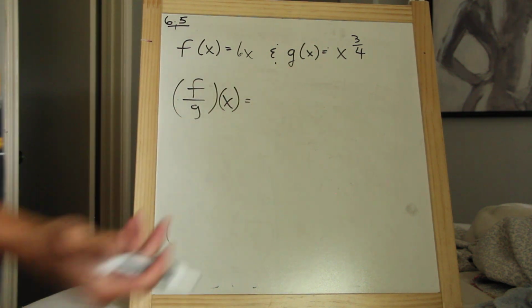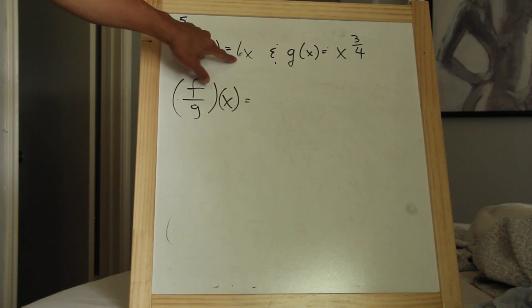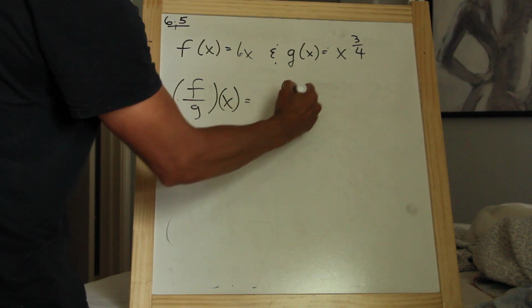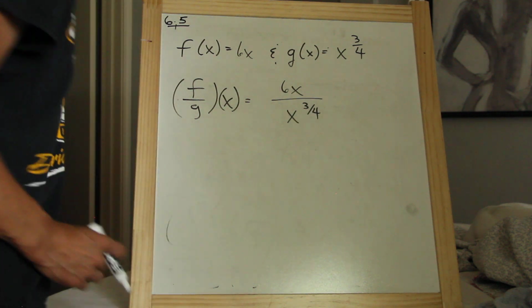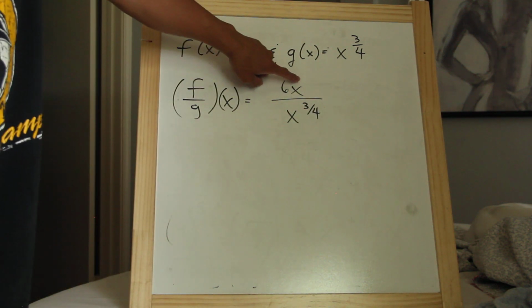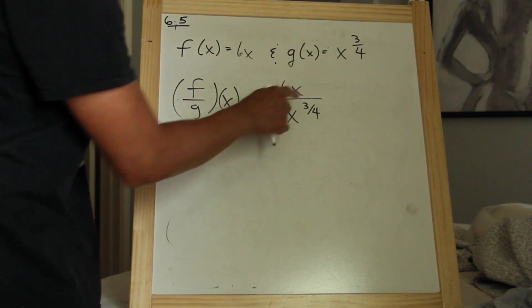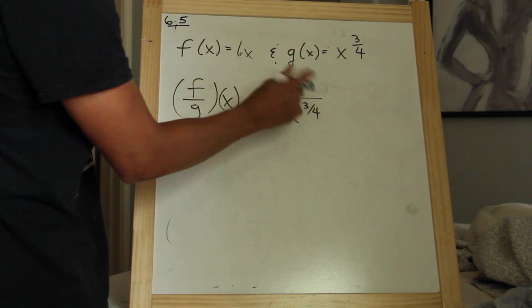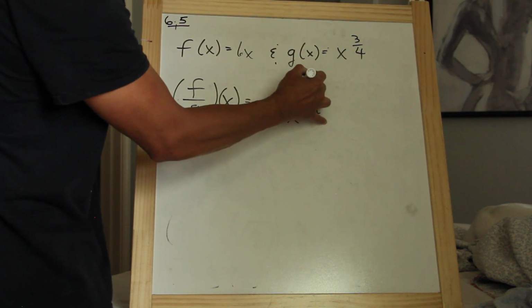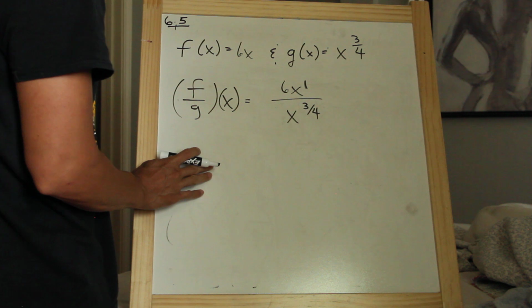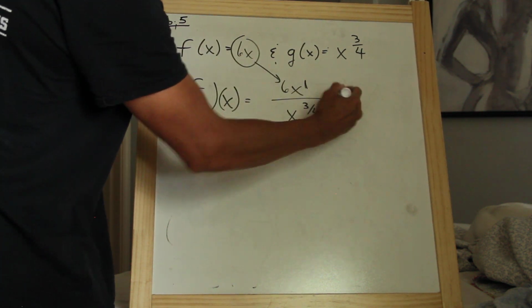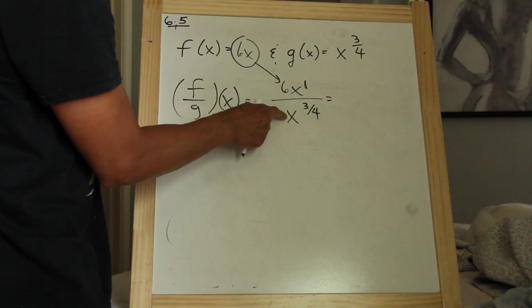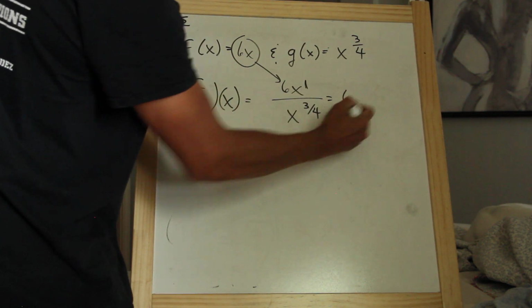Well, that means exactly what it says: f divided by g. I take 6x and divide it by x to the 3/4. Now, you may not see an exponent there, but remember, if it's just an x by itself with no exponent showing, that's really a 1. So this guy is really turning into that guy, and so I have the same base. 6 divided by 1 right here is still 6.